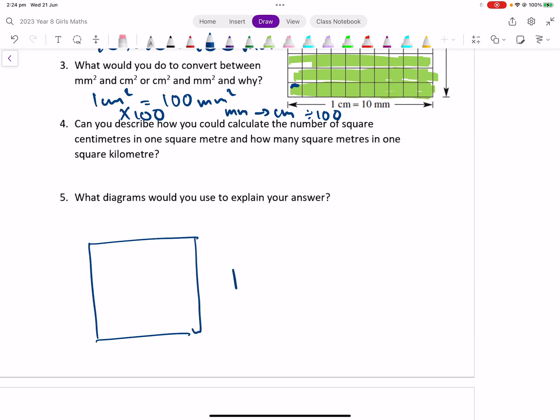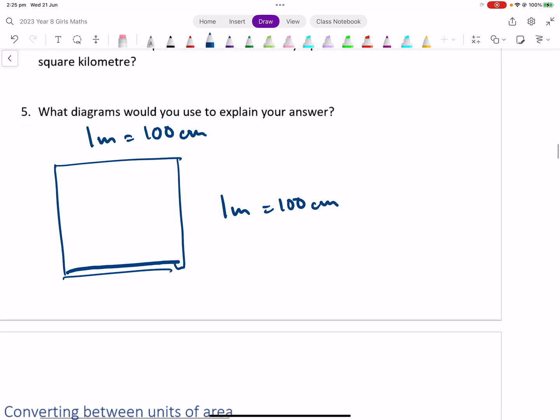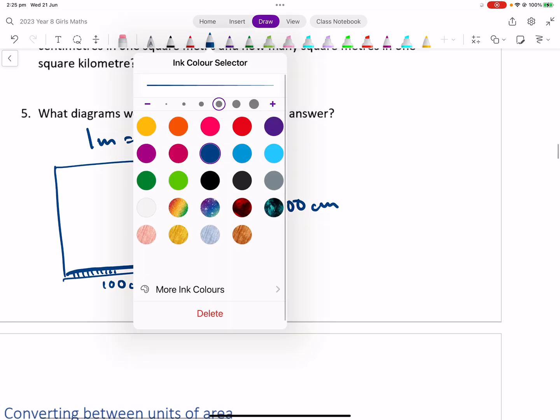So this is 1 metre times 1 metre, and 1 metre equals 100 centimetres. So if I looked at that bottom row like I did before with our diagram up here and counted, how many centimetres would I have? I'd have 100 centimetres. And I'd have 100 rows.